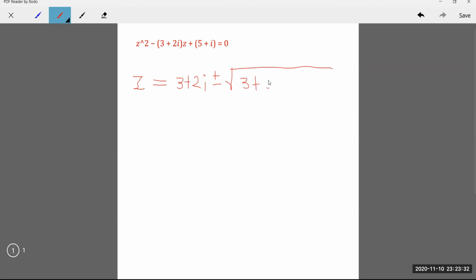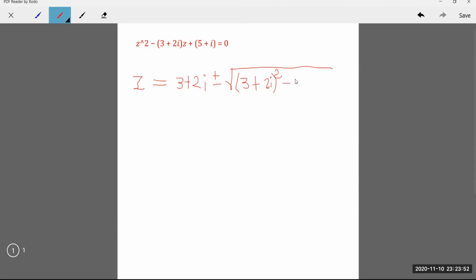The reason I can throw away the negative is because the square of a negative number is the same as the square of the positive.